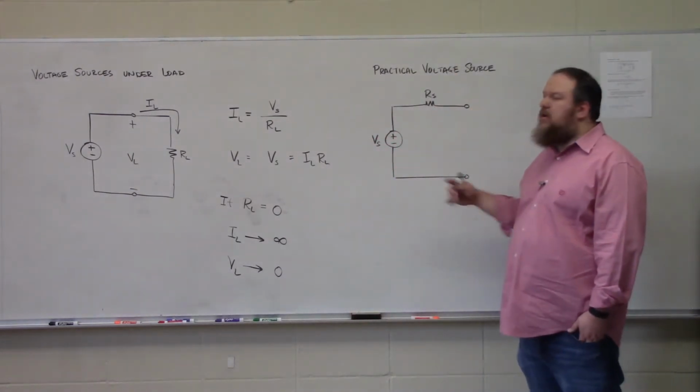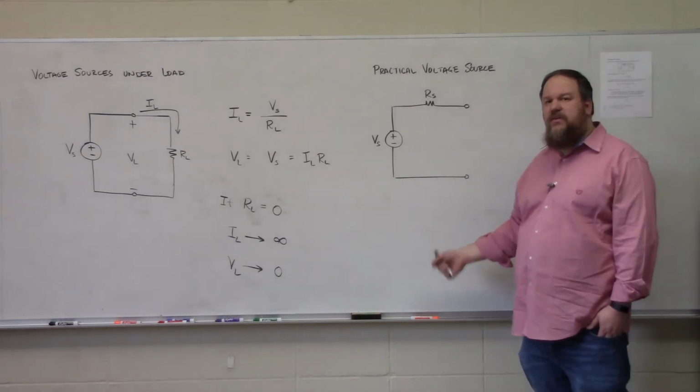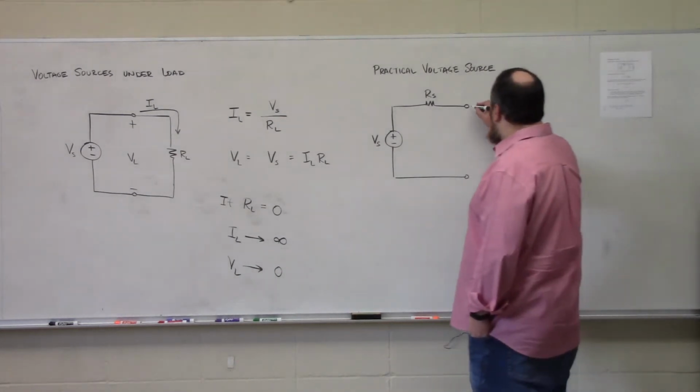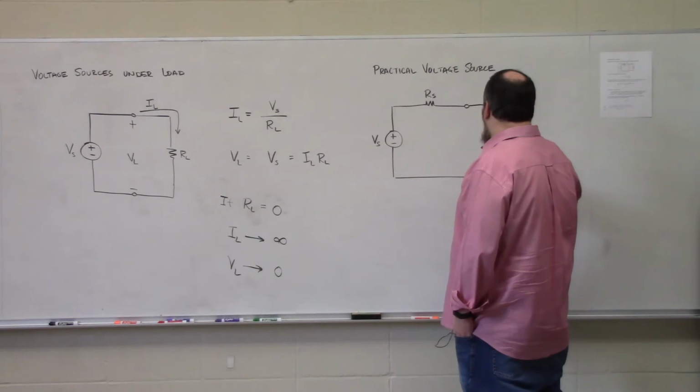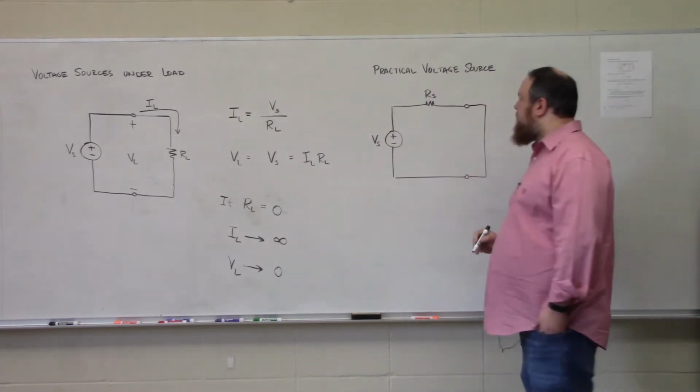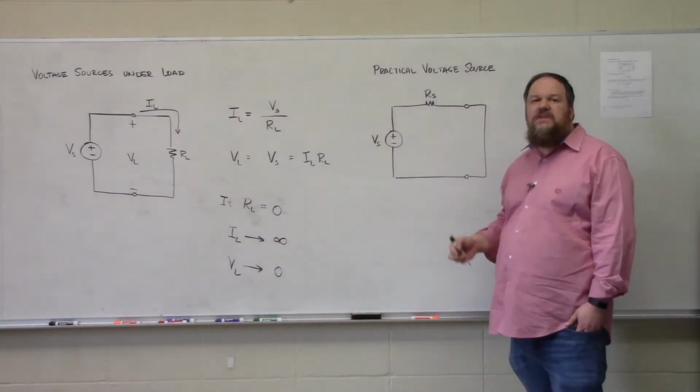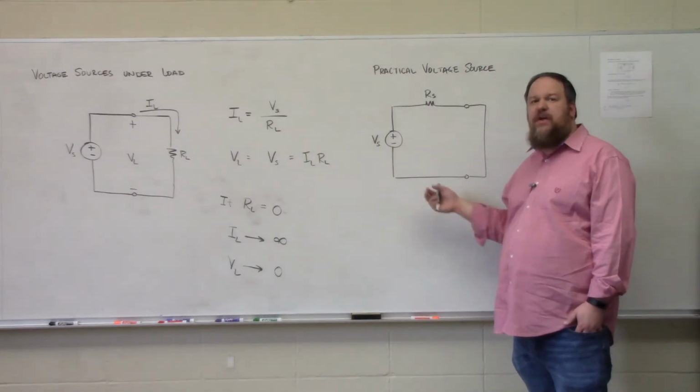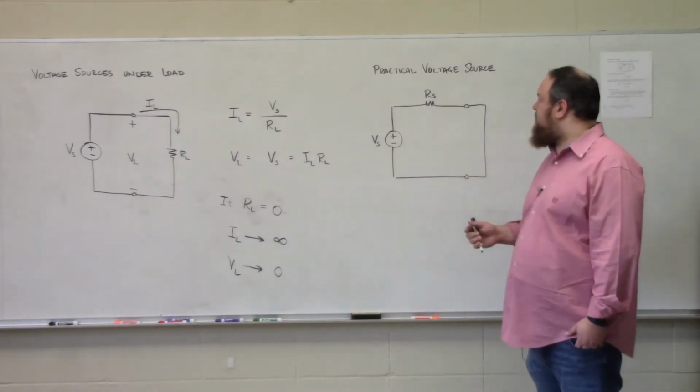Now, our current will never actually be able to go to zero. And we can prove it very simply. If I short circuit my practical voltage source, this is going to cause the maximum possible amount of current to flow in my practical voltage source.